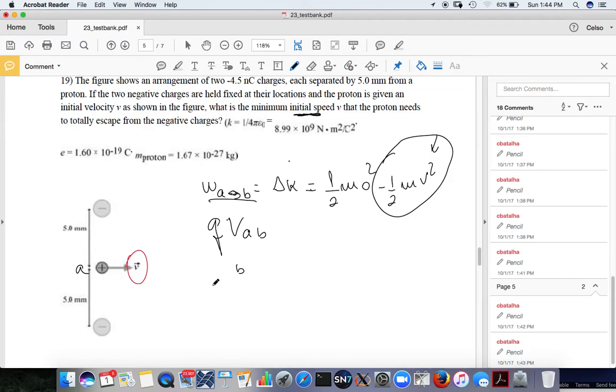Then it becomes a simple problem, because we can always assume that at infinity, or at a point very far away, the voltage is 0, and then we can calculate the voltage these two particles exert at point A, which is pretty much K, the first charge, which is negative 4.5 times 10 to the minus 9 coulombs over the distance, right?